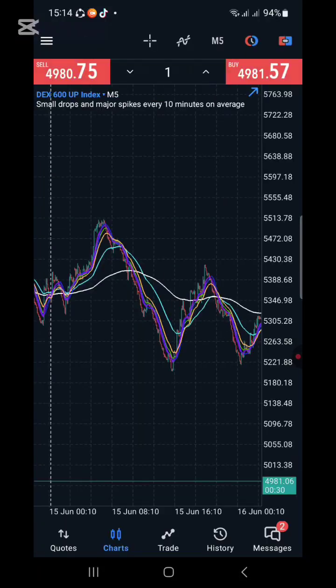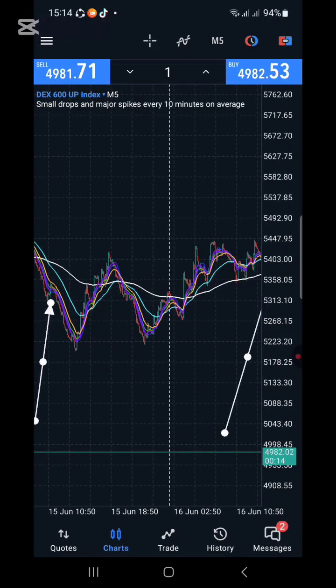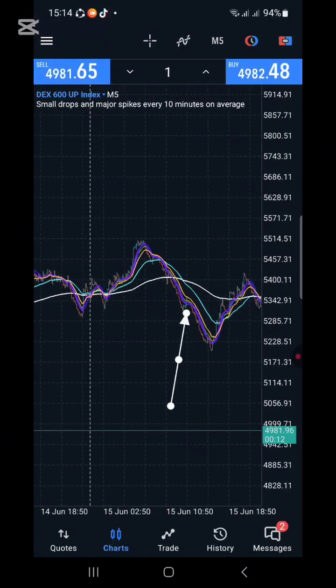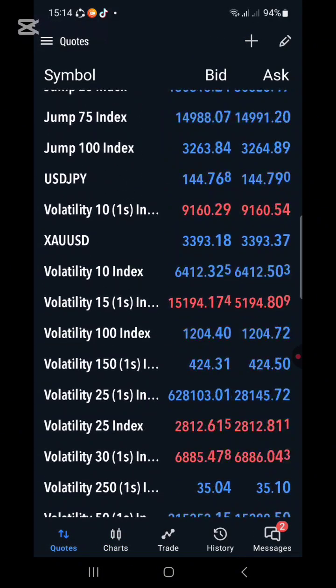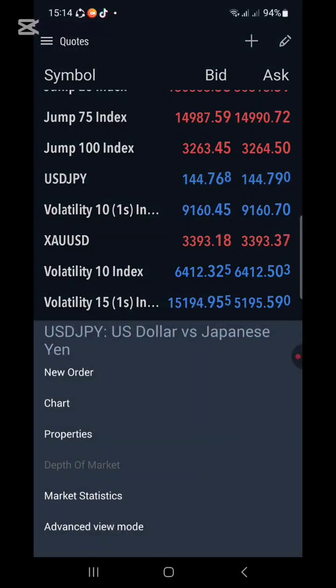Remember, I said when the 50 and the liquidity lines crossed, you enter. Then the moment these ones crossed here, it signifies that we are in a downtrend. Hold that trade.